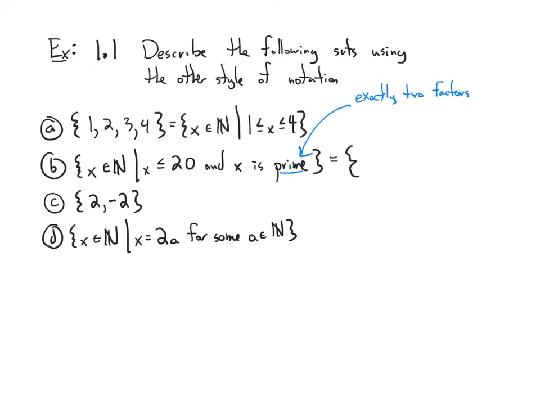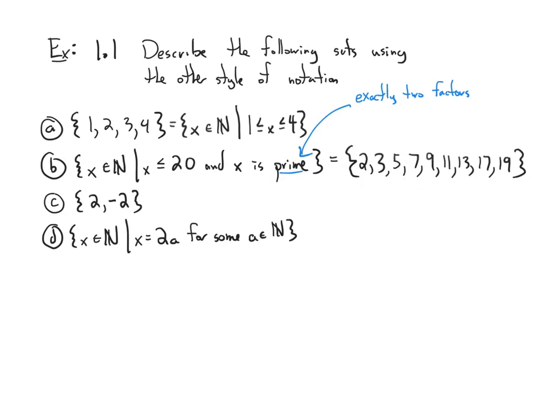So we can just go through. 2 is prime, 3 is prime, 4 isn't prime since 2 times 2 is 4, 5 is prime, 2 times 3 is 6, so it's not prime, 7 is prime, 2 times 4 is 8, 9 isn't prime, 2 times 5 is 10, 11 is prime, 4 times 3 is 12, 13 is prime, 14 isn't, 2 times 7 is 14, 3 times 5 is 15, 4 times 4 is 16, 17 is prime, 9 times 2 is 18, 19 is prime, and 20 is not. So that is the set written in list notation.